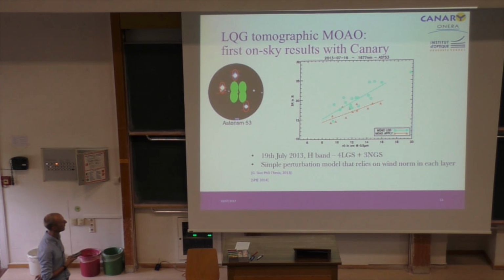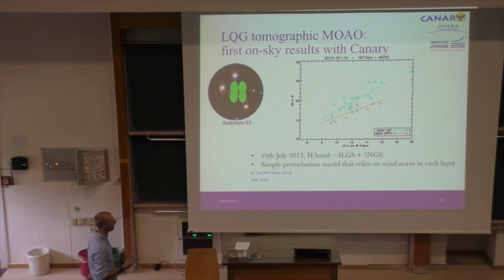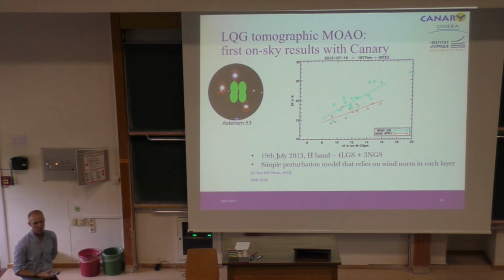Without taking into account the wind profile, we get this orange line, which has a better Strehl ratio as the seeing is better, that's obvious, we expect that. If we include the wind profile from SCIDAR, from an external profiler, then we can improve that Strehl ratio by plus 5% in some conditions.